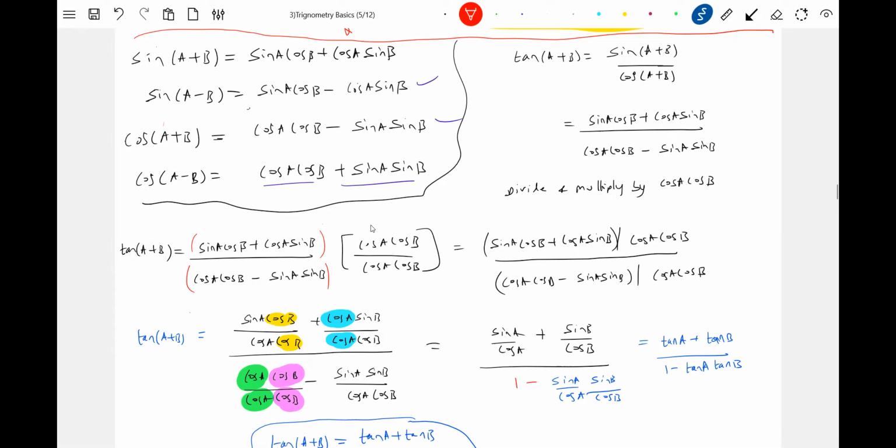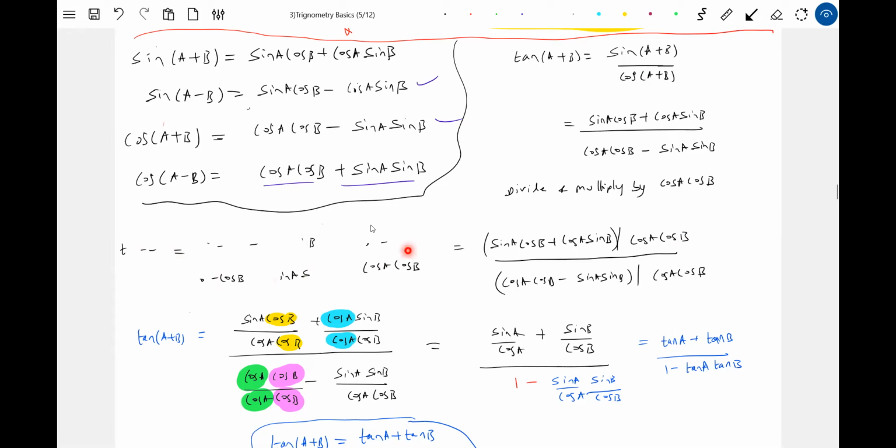Let me rearrange this one. Sin A cos B by cos A cos B, cos A sin B by cos A cos B. I think this may not be needed, unnecessary confusion for you.